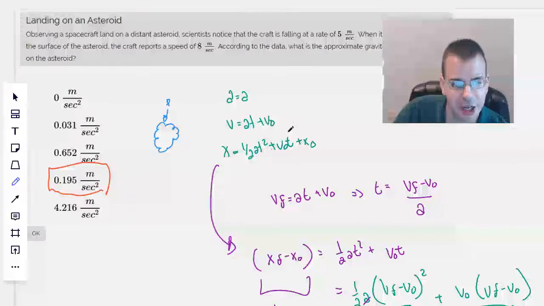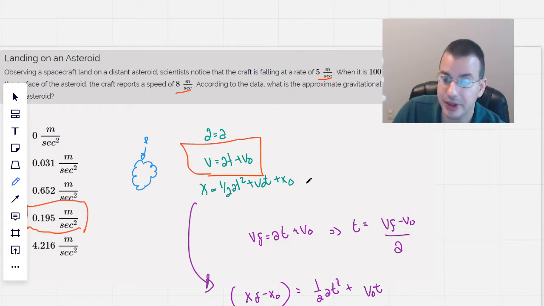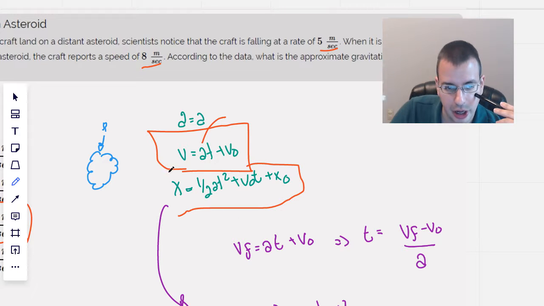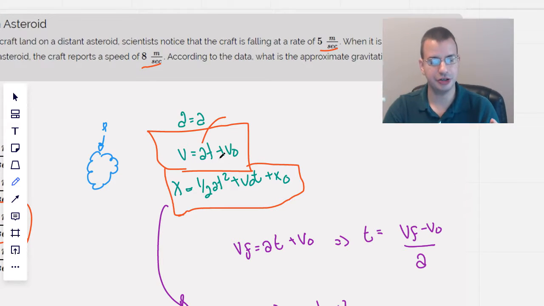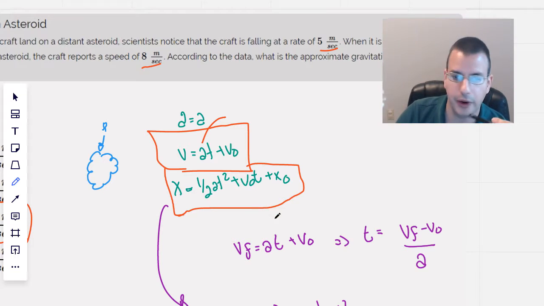So in this case, I know I had a V initial, which is 5, a V final, which was 8, and so I have some things I need for this equation, but I don't have time, and I'm looking specifically for the acceleration. So on the other kinematic equation, I have time here and acceleration as well. So I have two equations and two unknowns, so I can use one to solve the other one.